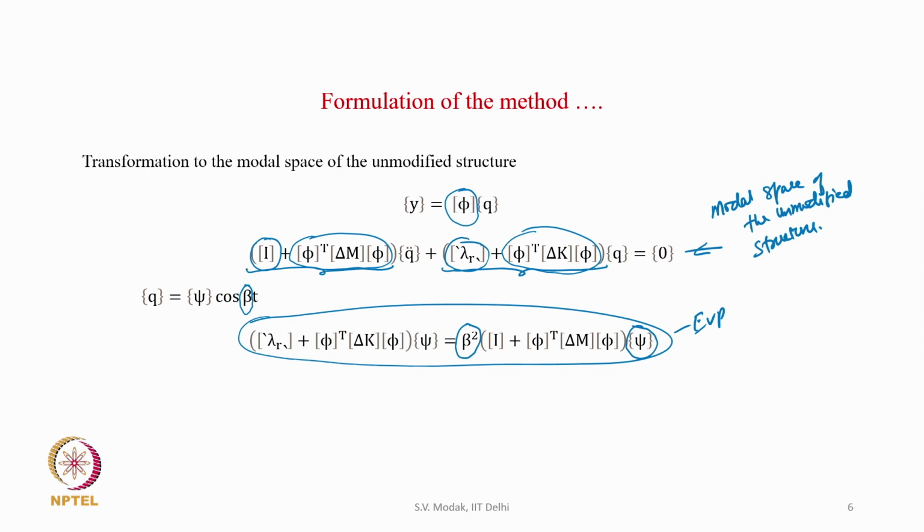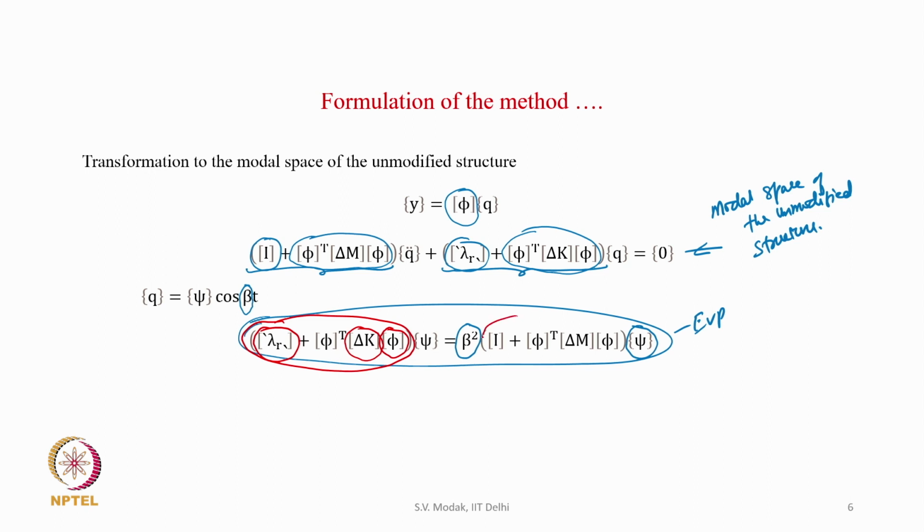Now, one thing we should see here is what the matrices that make up this eigenvalue problem are. First we have this matrix. What does it consist of? It consists of the eigenvalue matrix of the unmodified structure lambda r, the eigenvector matrix of the unmodified structure phi, and delta k, the stiffness description of the structural modification.